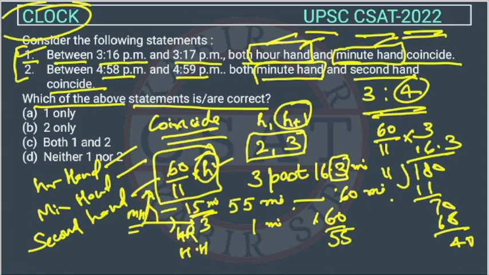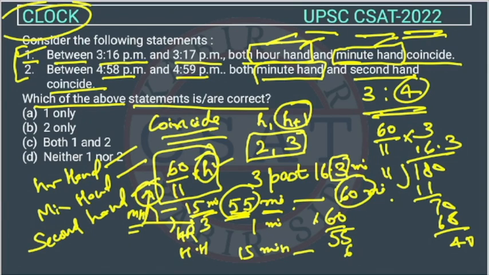Because we are using the concept of relativity, we have to consider कि ये जो 15 मिनट की दूरी है ये कितने टाइम में कवर कर लेगा मिनट हैंड, राइट? तो वी नो कि 60 मिनट में ये जो मिनट हैंड है वो कितना गेन करता है 55 मिनट्स, राइट? तो हमें फाइंड आउट करना है कि 15 मिनट में कितना गेन करेगा, ओके. तो वी आर यूजिंग द यूनिटरी मेथड, राइट?